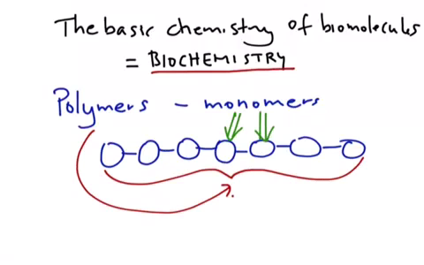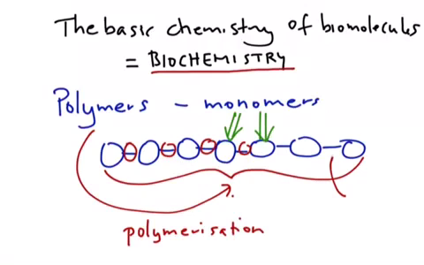So the process of stringing a whole lot of monomers together chemically, that is creating the energy bonds that hold them together, is the process of polymerization. So the building up of large molecules from smaller molecules involves polymerization. So you need to add energy into making a larger molecule by stringing a whole lot of small molecules together.